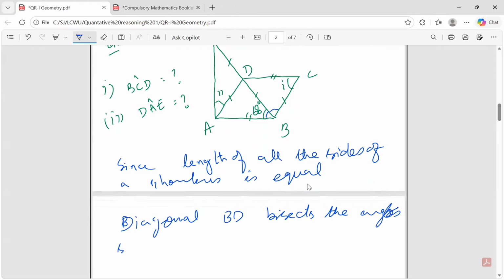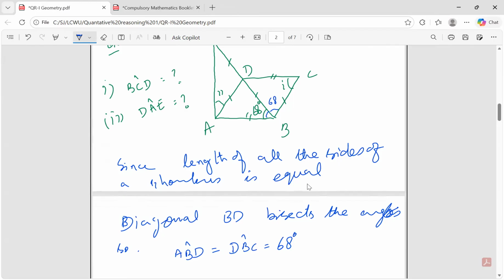These two angles are equal. So angle ABD is equal to angle DBC. Since angle ABD is 68 degrees, this will also be 68 degrees. So this angle is also 68 degrees.